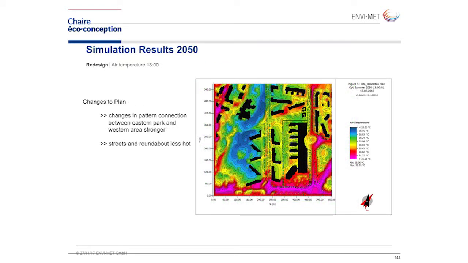Yeah, so now these are the redesign, the changes to the situation compared to the planning scenario as it was before we applied our visions. You see, especially in the northern parts, for example, that the red bubbles have been removed. Also, the roundabout is a lot cooler, and we have a lot of connection now between the park area and the eastern parts of the model domain.